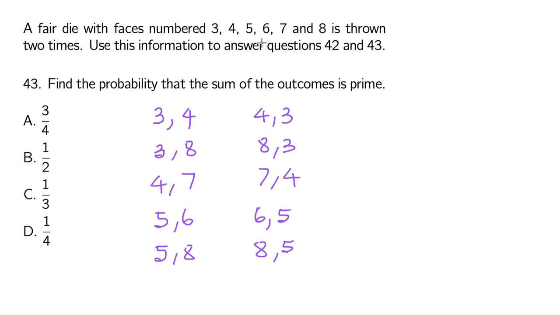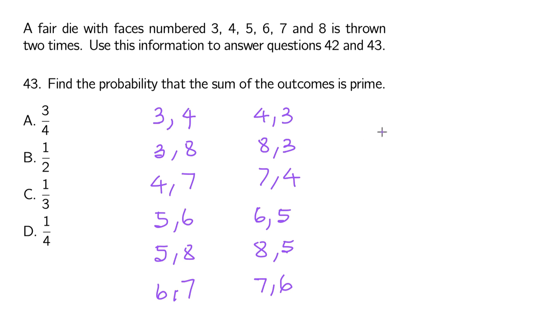Then we go to 6. 6, 6 is 12, not prime. 6, 7 is prime though. That's 13. 6, 7, 7, 6. So 6, 8, 14, not prime. So these are all the options if we want a sum that is prime. And there are 12 of them. 1, 2, 3, 4, 5, 6 plus another 6. That's 12.